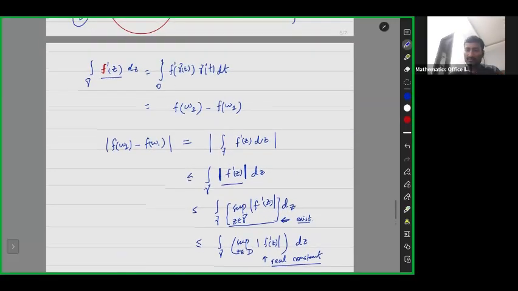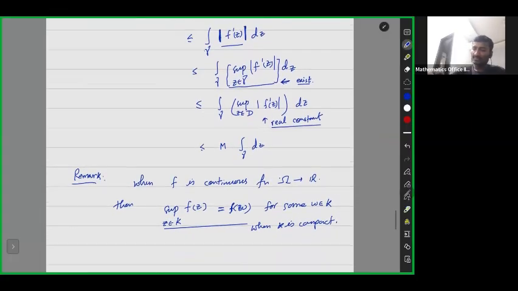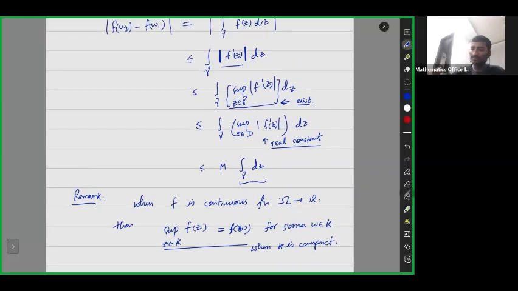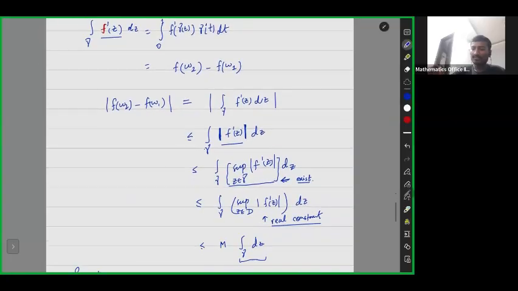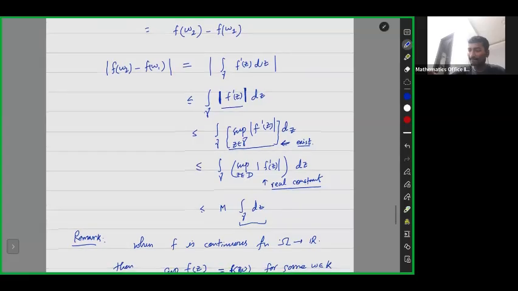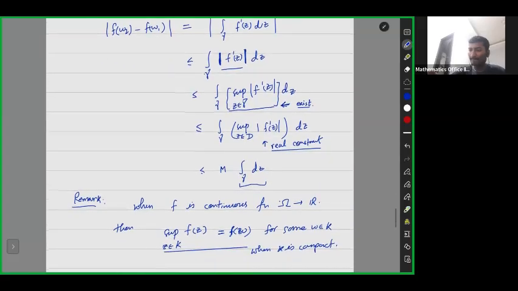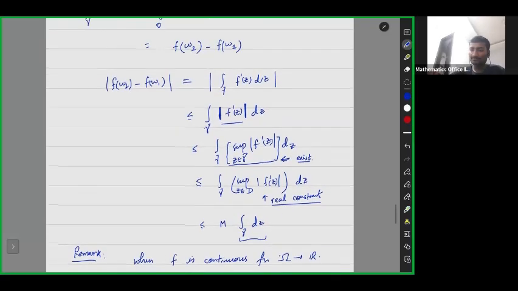Fine, we are almost done. What is this value? It is the length of gamma, and here we can take a line. Why am I taking a line?